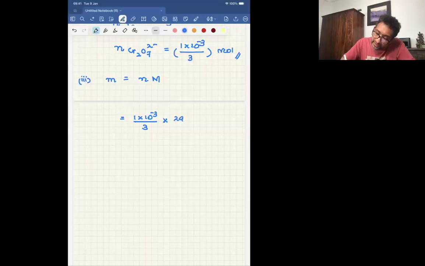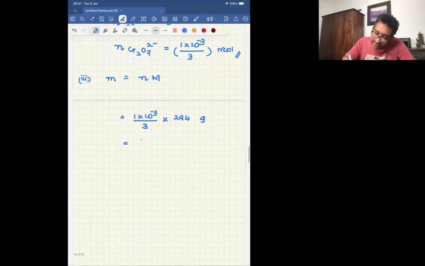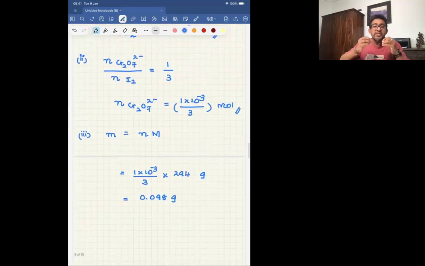Can somebody double check it? 294 grams. So 294 times 1 times 10 to the power minus 3 divided by 3 gives 0.098. Did you understand that? This is the mass of potassium dichromate in this 25 milliliter sample.